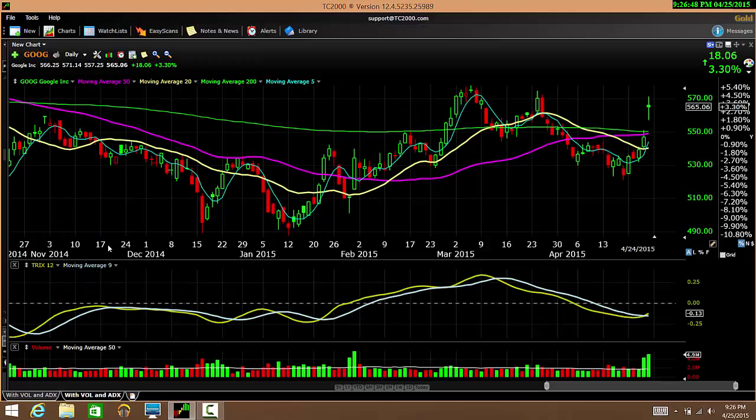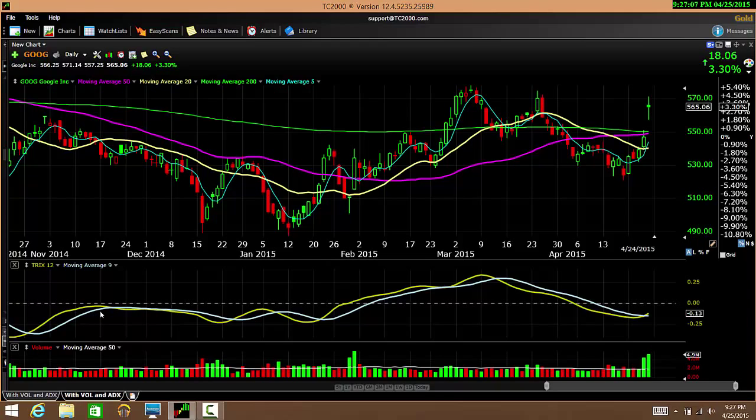Okay, and here's this chart of Google, and you don't get a buy signal from November to about February, which is a good thing because the stock is clearly on the downtrend, trading below the moving averages. So you're not going to make any money here.